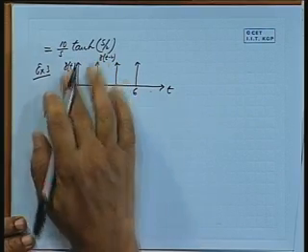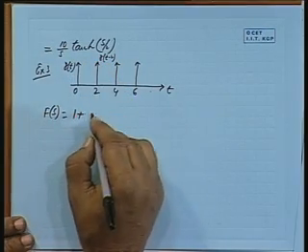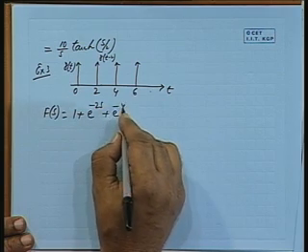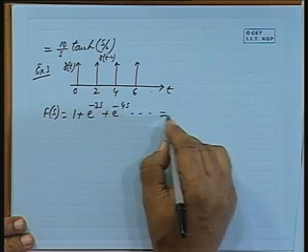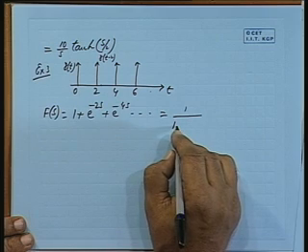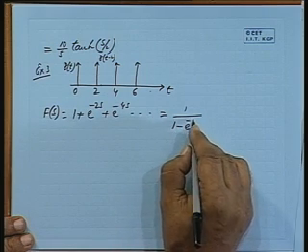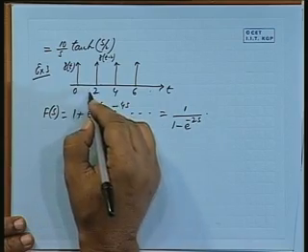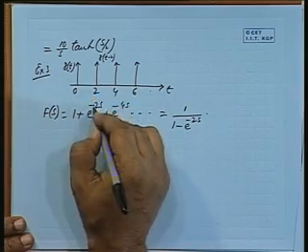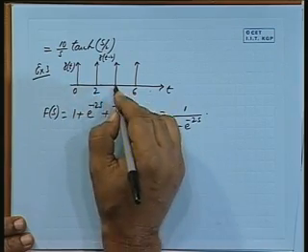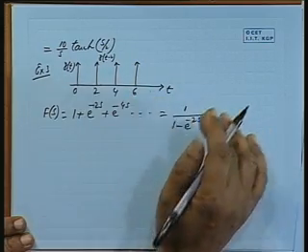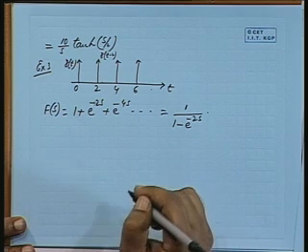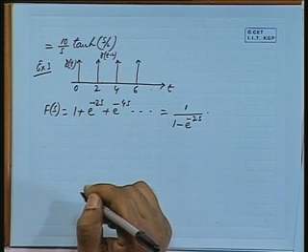For the first one it is 1, for the next one it is 1 into e to the power minus 2s, plus e to the power minus 4s and so on. So, it will be 1 by 1 minus e to the power minus 2s. Is that all right? If you have alternately coming, say plus 1 minus 1, delta t minus delta t plus delta t minus delta t with shifts, then the only change will be here, plus. Very good.